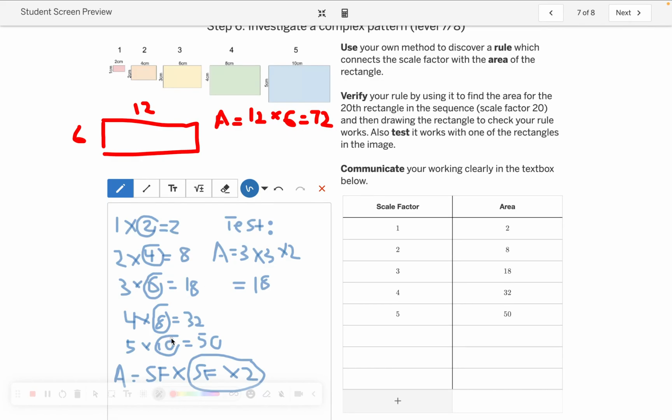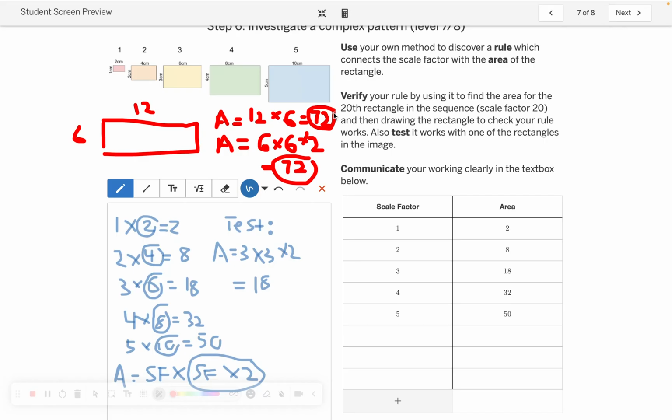Then if we use the general rule that we found earlier, which is scale factor times scale factor times 2, I'm just going to do 6 multiply by 6 multiply by 2. If you multiply these 3 numbers, you should also get 72. Look at these 2 numbers. They match, don't they? So that means your verification has worked as well in this case.